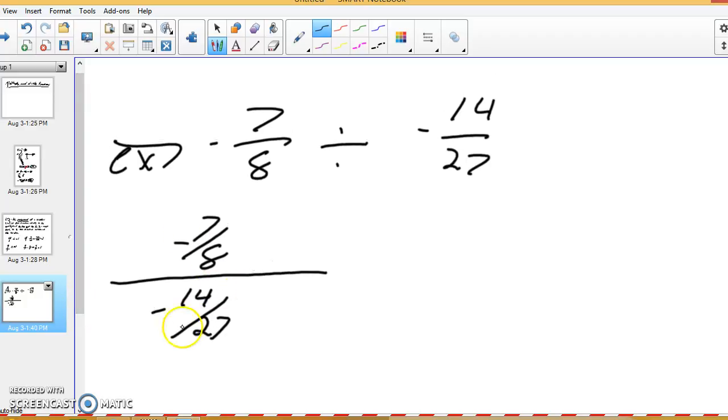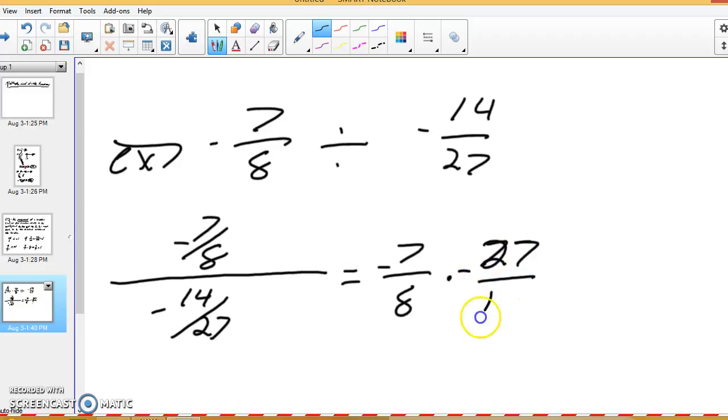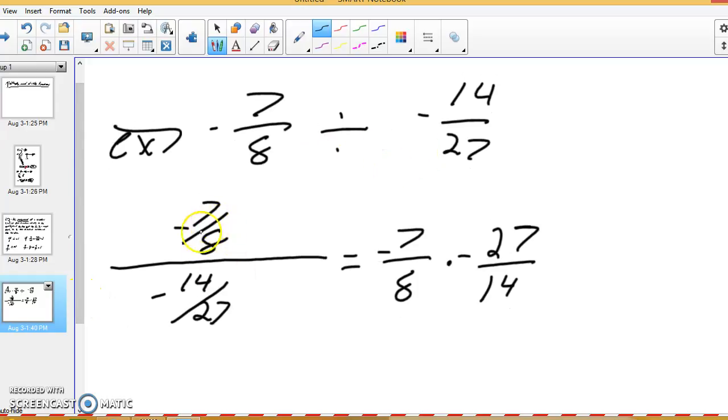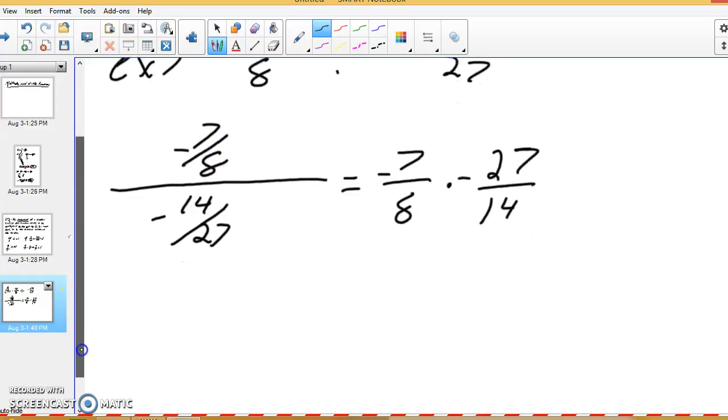Well, the way to find the answer to this fraction is just simply multiply the top of the fraction by the reciprocal of the bottom. So that would look like 7 divided by 8 multiplied by the reciprocal of the bottom. Again, the reciprocal is just the inverted fraction, so 27 divided by 14. Again, to divide fractions, you just multiply the top by the reciprocal of the bottom.